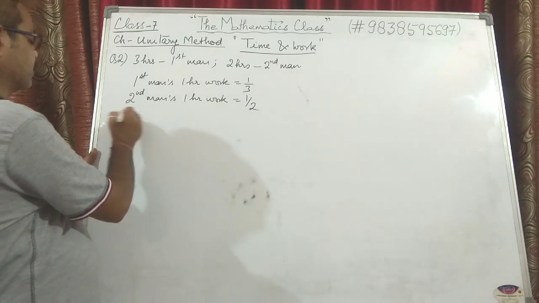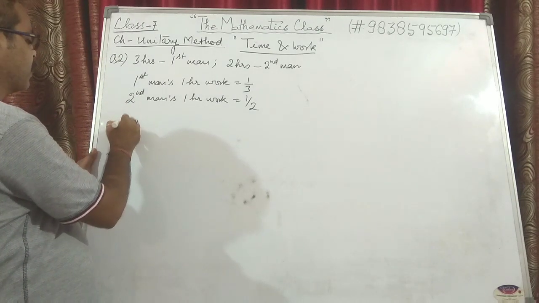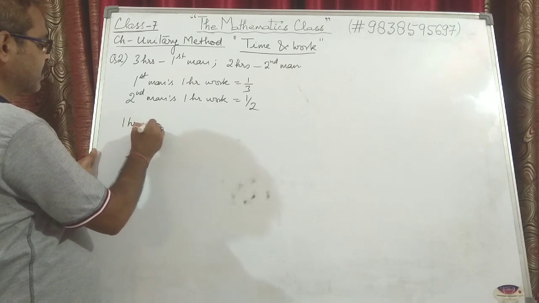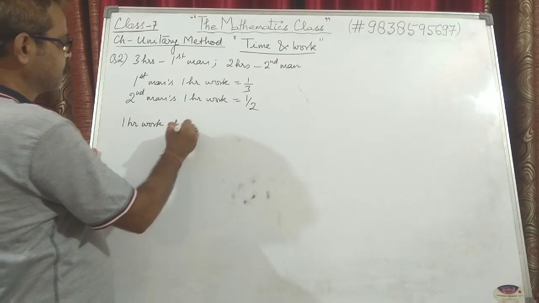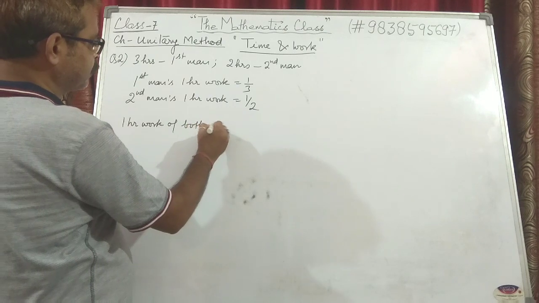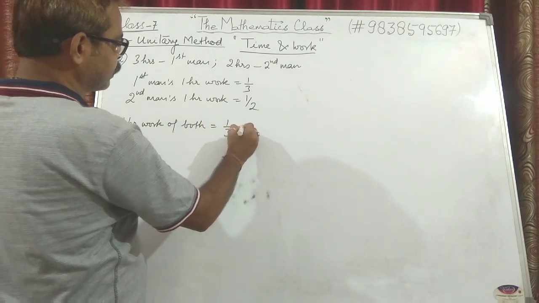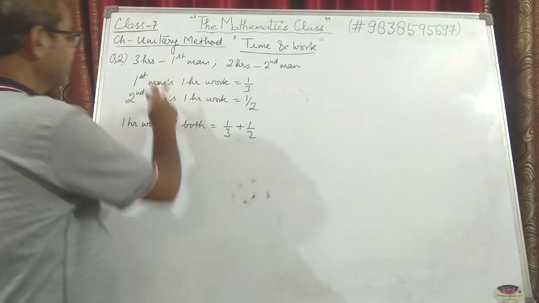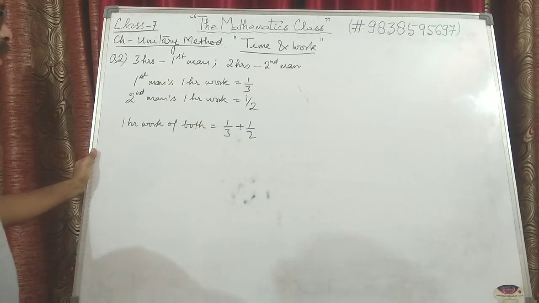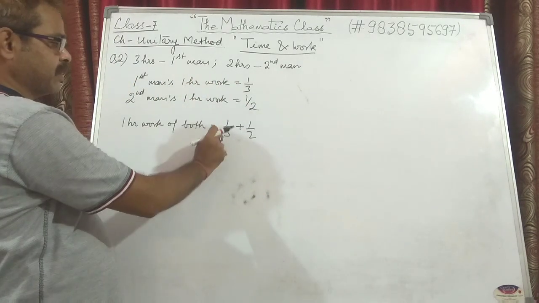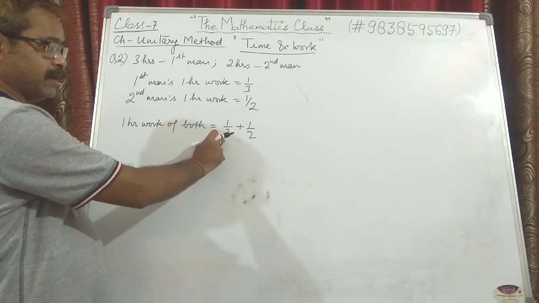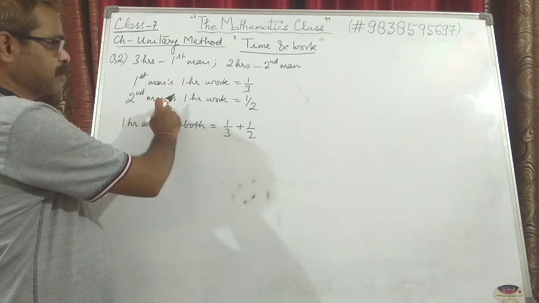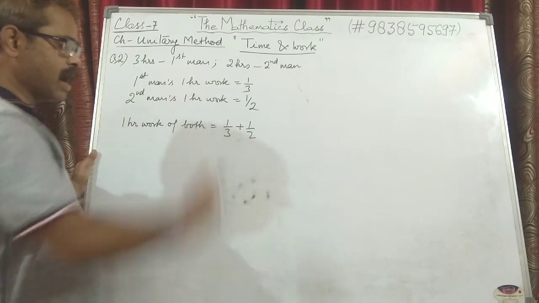So, 1 hour work of both will be 1/3 plus 1/2. If both are working for 1 hour, first person will complete 1/3 of the work, and second person in 1 hour will complete half of the work.